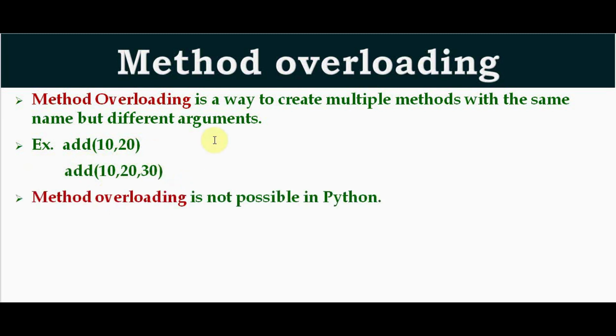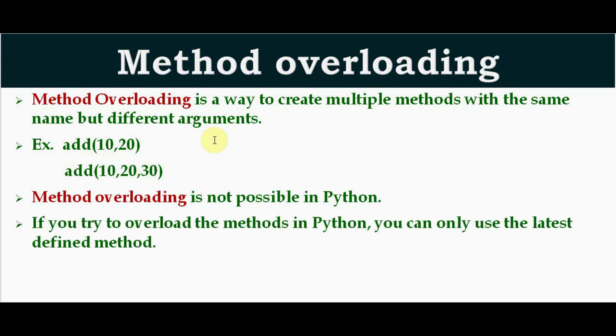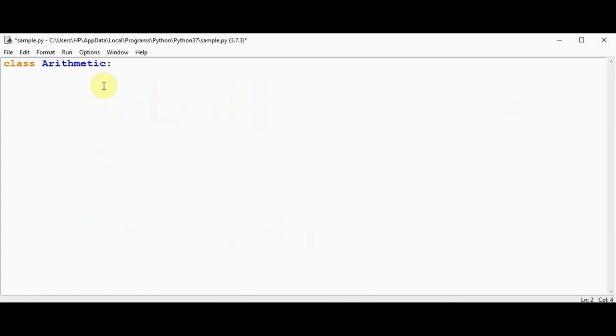Actually, method overloading is not possible in Python. It is possible in Java and C++. If you try to overload methods in Python, you can only use the latest defined method. Take an example, class Arithmetic, and now I am going to define two methods, a comma b.